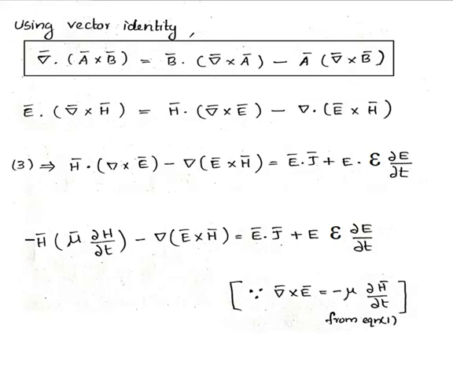Therefore, equation 3 becomes minus H mu dou by dou t of H minus del dot E cross H is equal to E dot J plus E epsilon dou by dou t of E.